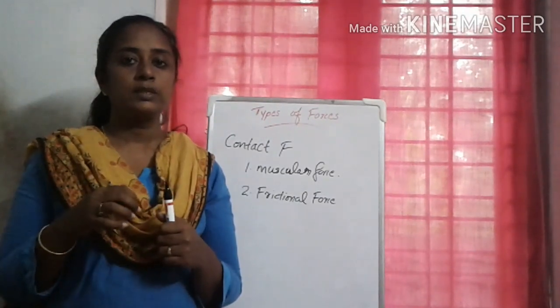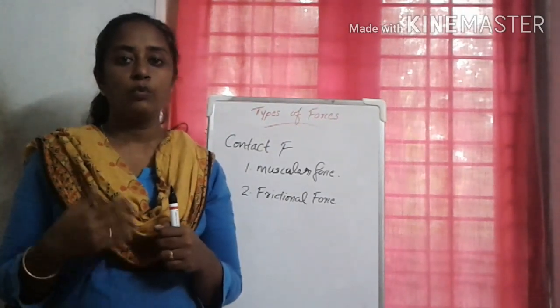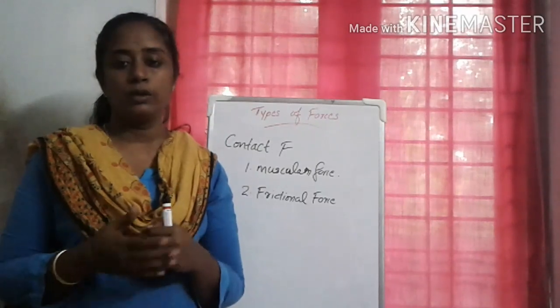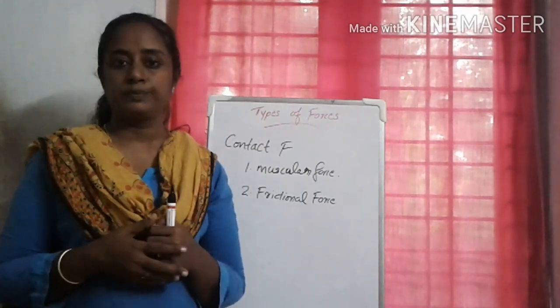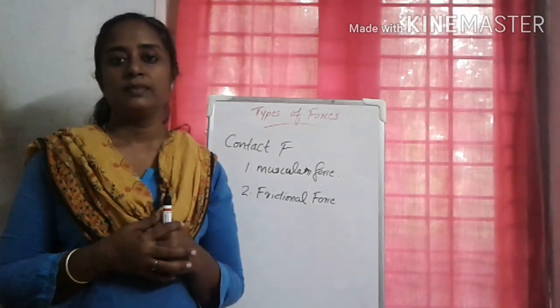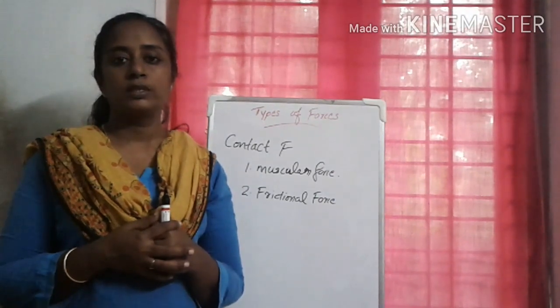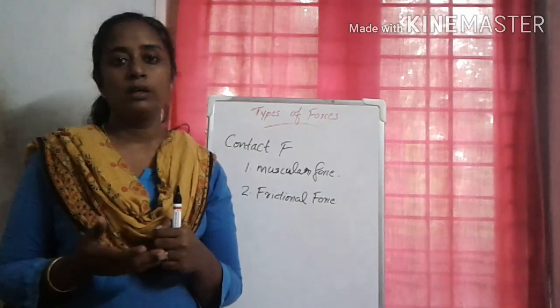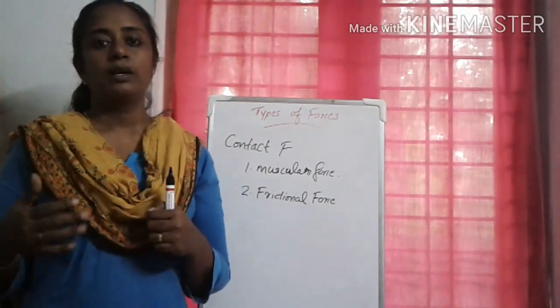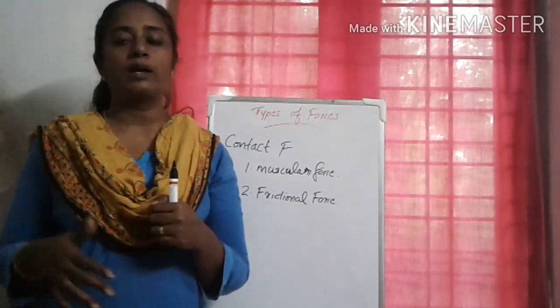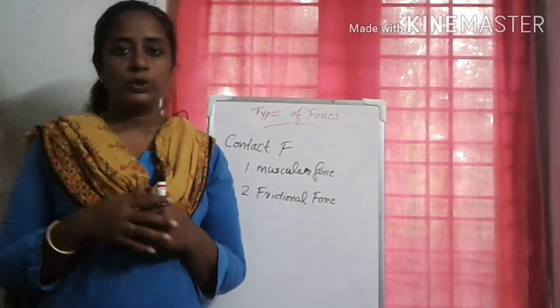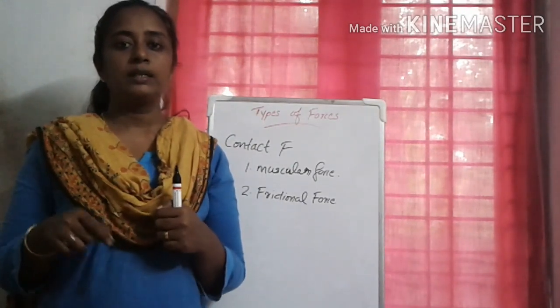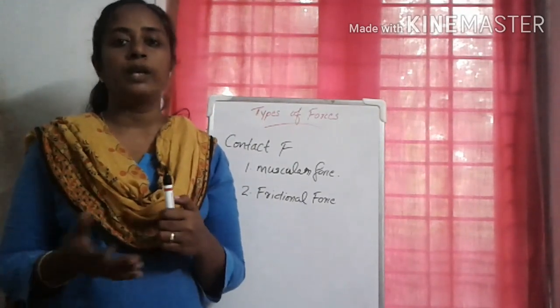The frictional force comes into effect when you are walking over the floor or on the road. When you walk using your legs, you apply a force on the floor in the backward direction. As a result, the floor exerts a force on your body in the forward direction.